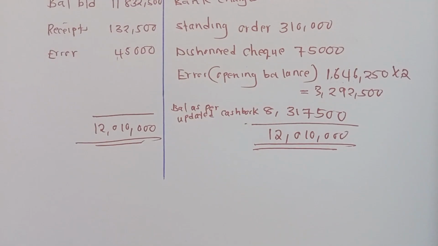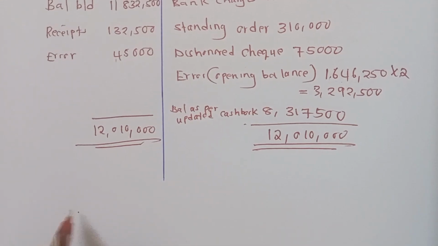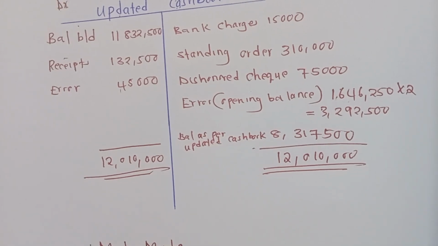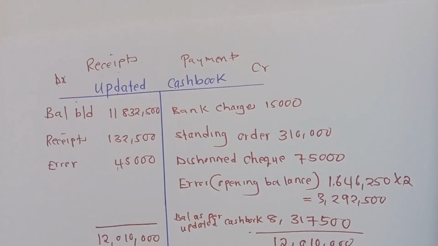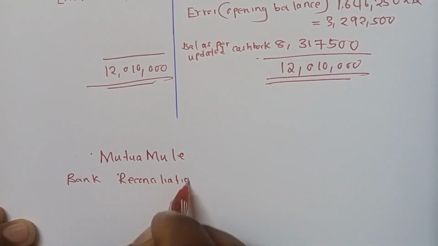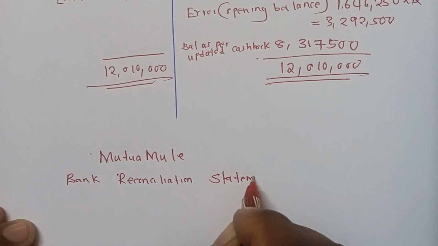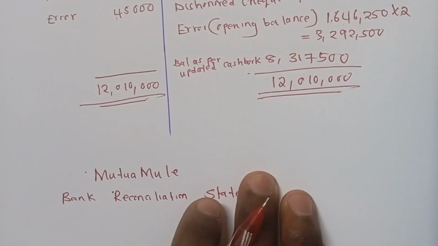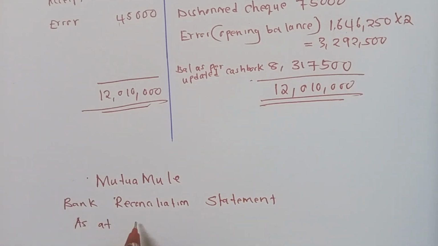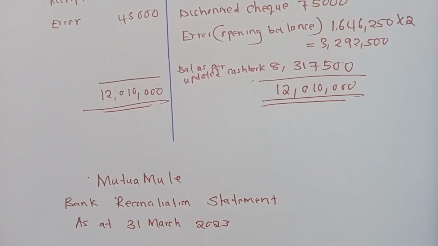So we go to Mutua Mule, that is the name of the business. Bank reconciliation statement as at 31st March 2023.